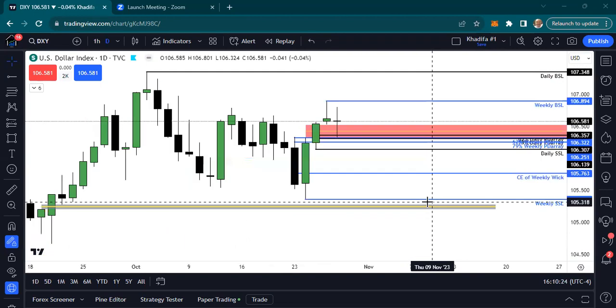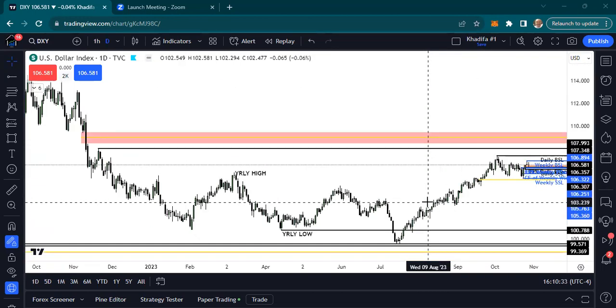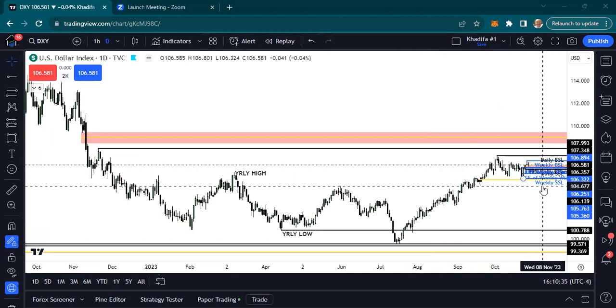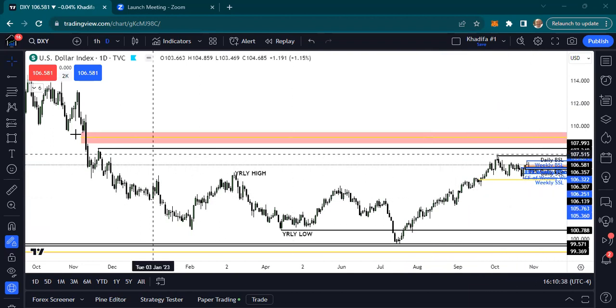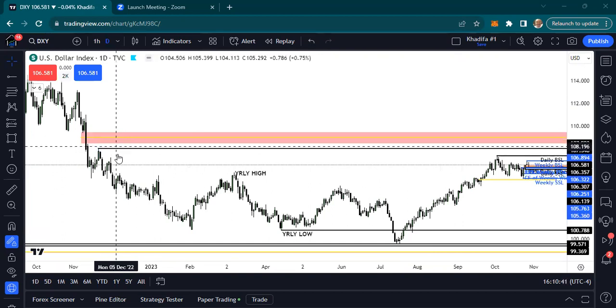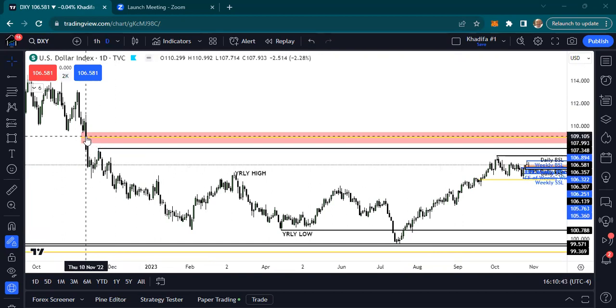We know that my long term bias for the dollar index is bullish, right? I have a point of interest of 107.993, running that buy side liquidity and targeting this daily fair value gap that we have right here, this pink shaded area.